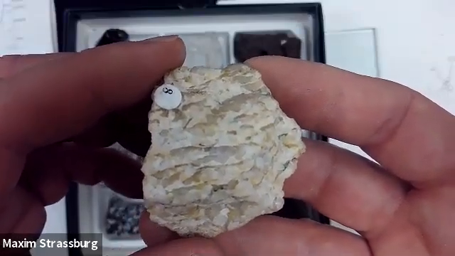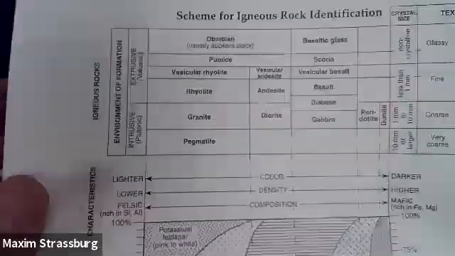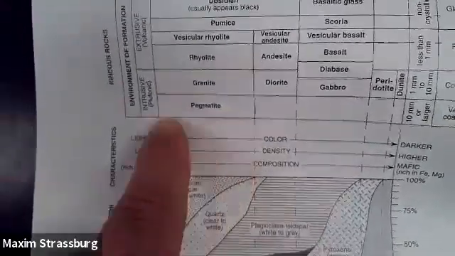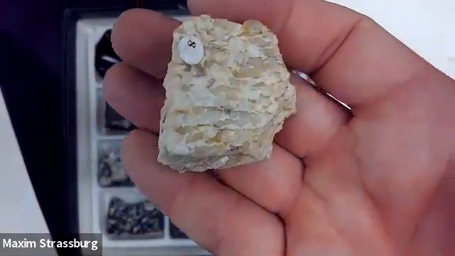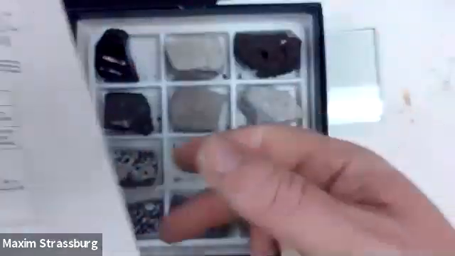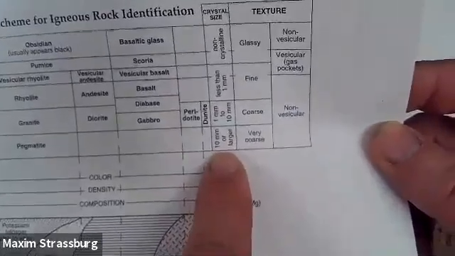Very intrusive. Okay, and if it is on our reference tables, I forgot. I misspoke. Okay, so you see pegmatite down here, very coarse, 10 millimeters or larger, and you can see those crystals really kind of stretch across the whole duration of the rock, almost in layers. Very coarse texture, 10 millimeters or larger.